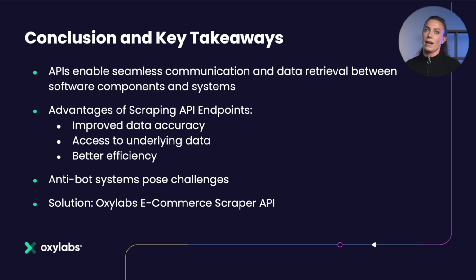Advantages of scraping API endpoints include higher data accuracy, access to underlying data, improved efficiency compared to scraping regular URLs, and anti-bot systems pose challenges, unfortunately, and overcoming those challenges can be time-consuming and complicated, but products like Oxylabs e-commerce API can handle the heavy lifting for you.